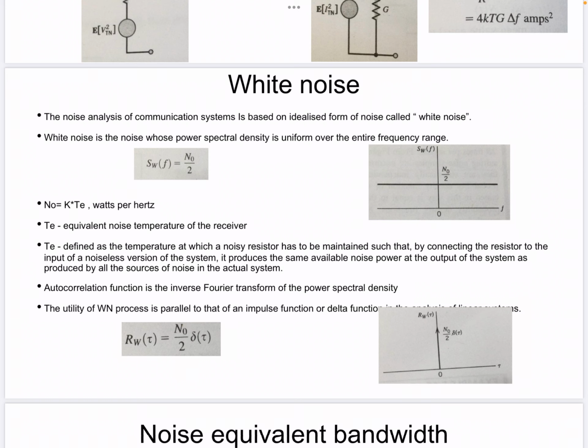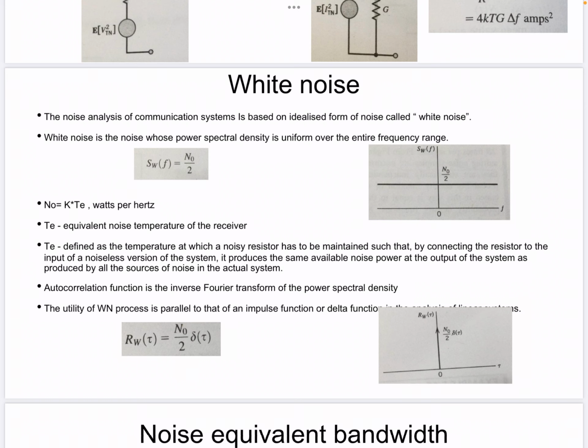So the important feature of the equivalent noise temperature is that it depends only on the parameters of the system. Since the autocorrelation is the inverse Fourier transform of the power spectral density, it follows that for white noise, R_W of tau is equal to N naught by 2 into delta of tau.